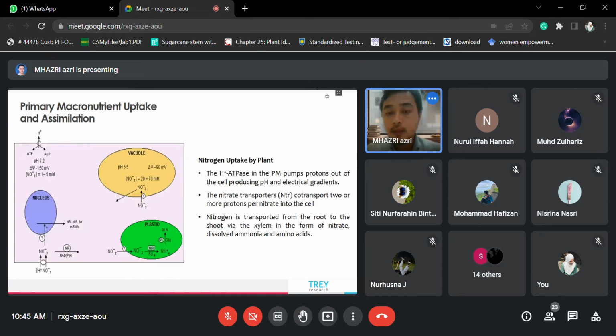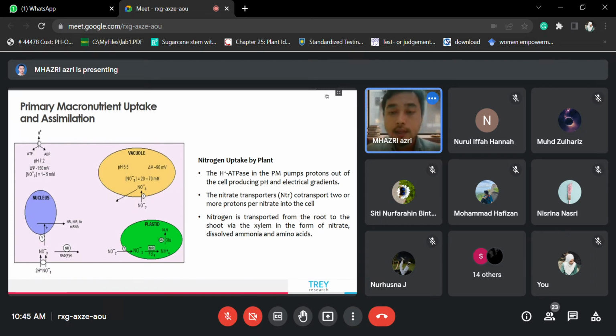Okay. So how do plant roots absorb nitrogen from soil solutions? First, the plant root will pump out hydrogen ions to the rhizosphere. Okay, so this process will cause acidification of soil solutions.